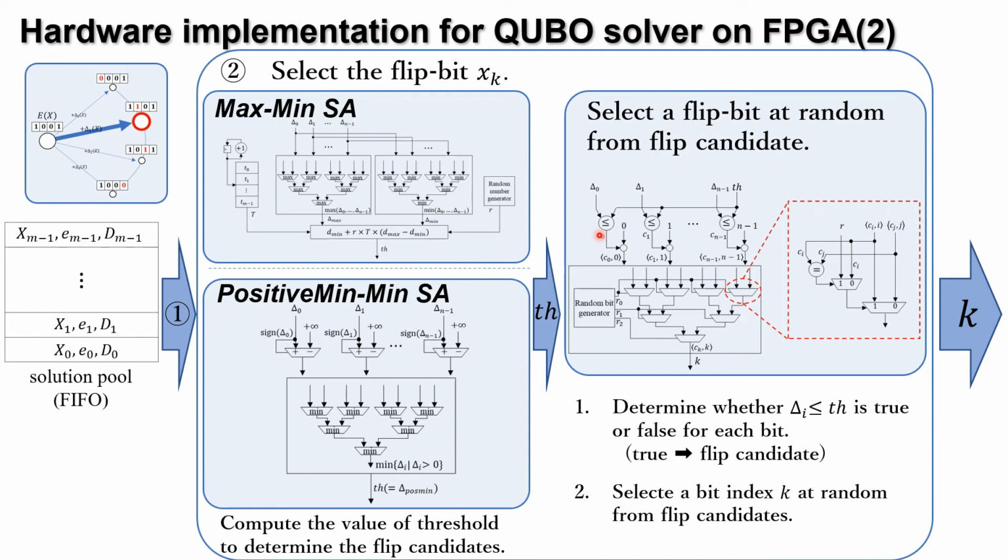Next, I'll show the structure of this circuit. Firstly, each instance is dequeued from the solution pool one by one. Secondly, the threshold which narrows down the flip candidates is computed using a selector and comparator, and then a flip bit is selected at random among flip candidates using a binary tree structure selection circuit consisting of selectors.